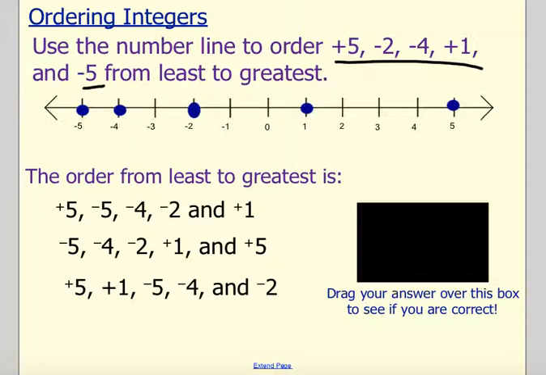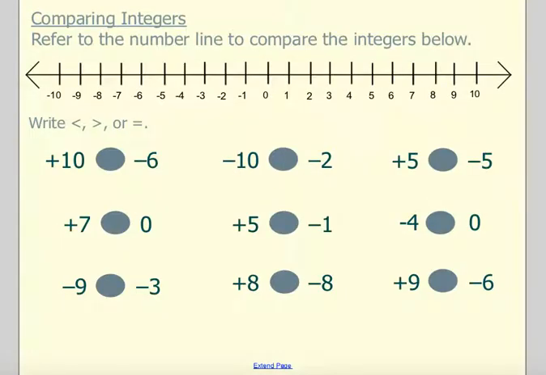We need to make sure that there are even spaces between all of the numbers, and we can put dots at -5, -4, -2, 1, and 5. We're going to put those there to show that that's what we have in our set.